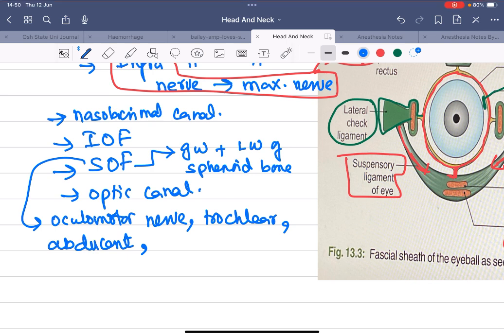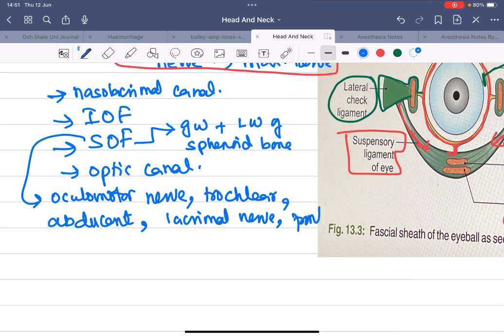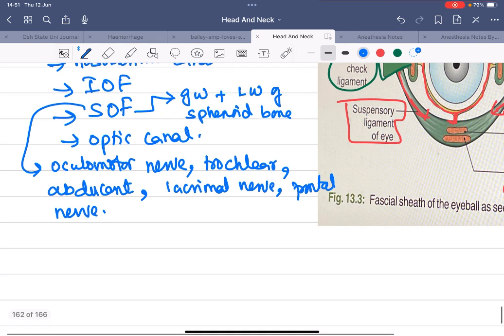Then your ophthalmic nerve branches, for example lacrimal nerve, frontal nerve. We will show all these diagrams. I will show you all these nerves in the diagram. Nasociliary nerve. All are passing through the superior orbital fissure.